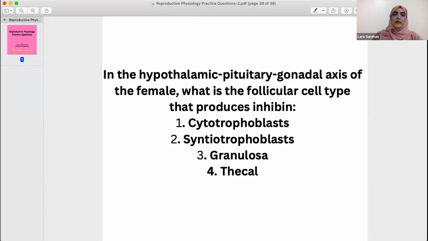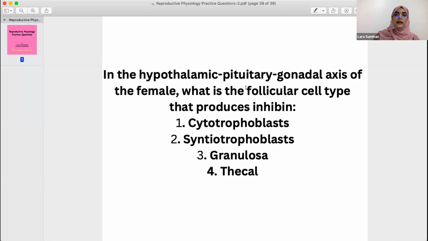So, in the hypothalamic pituitary gonadal axis of the female, which follicular cell will produce inhibin? As we said, we always have positive feedback and negative feedback, and this negative feedback is always important so that we maintain normal homeostatic physiological functions of the body.